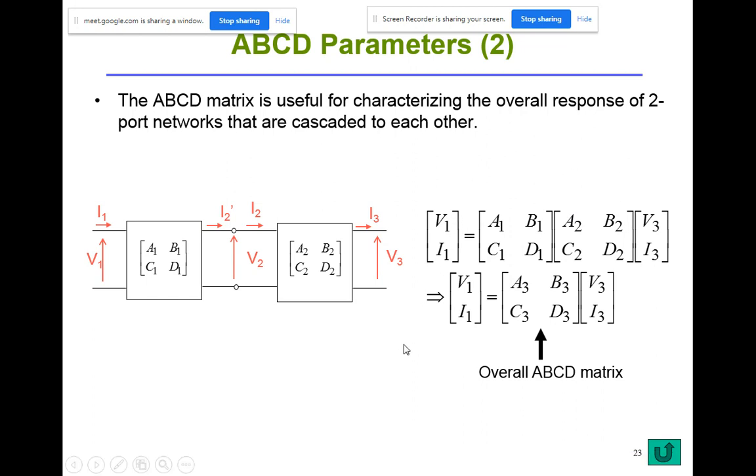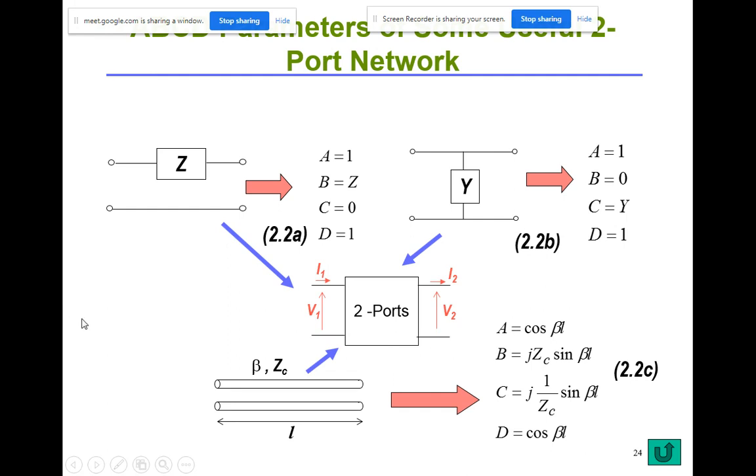This is very interesting compared to other parameters like H parameter, Z parameter, or Y parameter. Even for S parameter, if you want to find the overall effect, it may not be so straightforward compared to ABCD matrix, as we will see today.